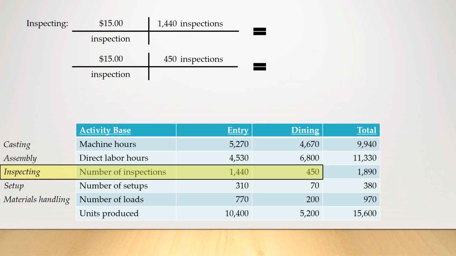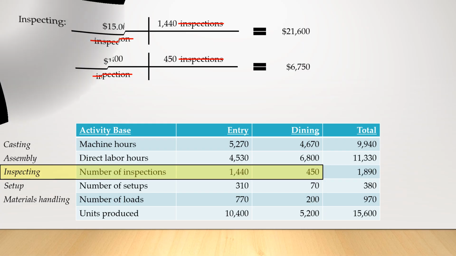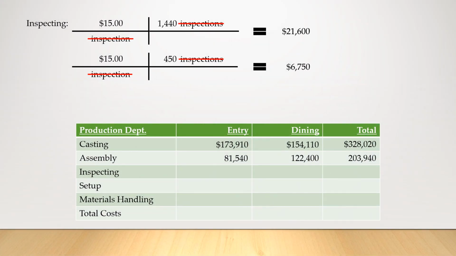Inspecting cost allocated is $21,600 for entryway fixtures and $6,750 for dining room fixtures. Total inspection costs comes to $28,350.